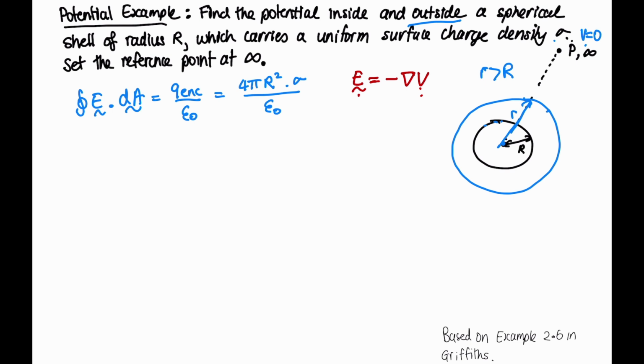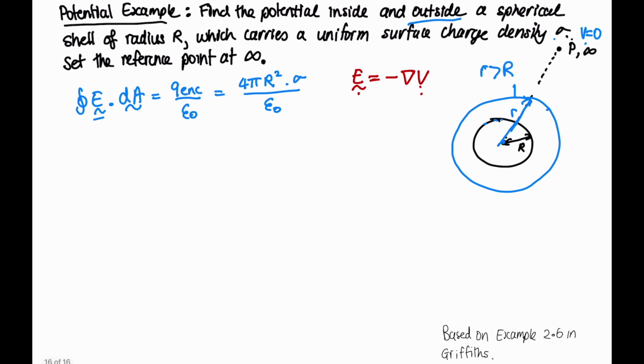So because there's the dot product here, we know that the electric field and our area, only the parallel components will count, and so this is pointing directly out of this sphere here. So we can write, well, the electric field times the surface area, which is going to be 4 pi little r squared. Notice that this is little r squared because it's the surface area where we're finding the electric field.